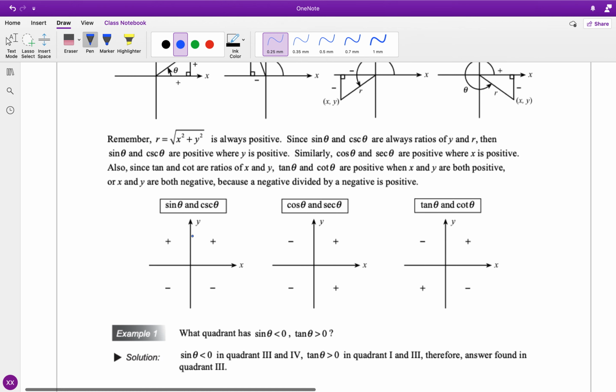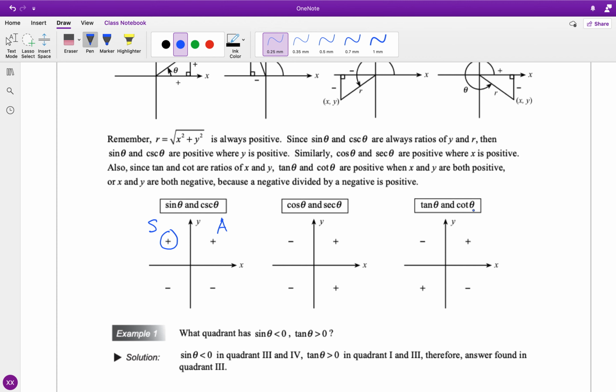So here we go. This is positive, negative. This means all of them, because this is "All". And then what is sine and cosecant? Yes, that's for the sine, so this is called "All Students". And then what is positive here?